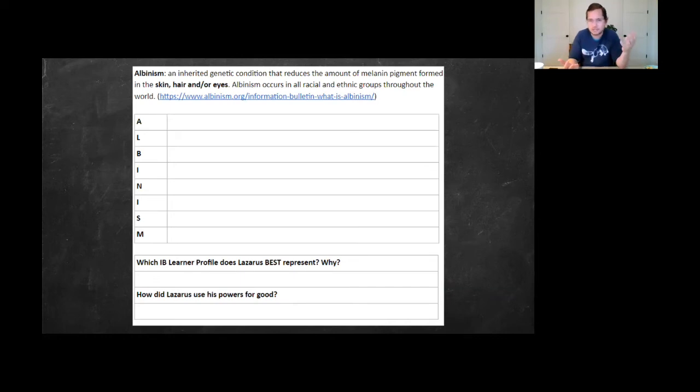Those are just a couple examples. What can you do to grow and become more of an inquirer, more of a risk taker? Those are valued attributes that an IB World School sees in their students. At this point, I hope you understand those expectations.